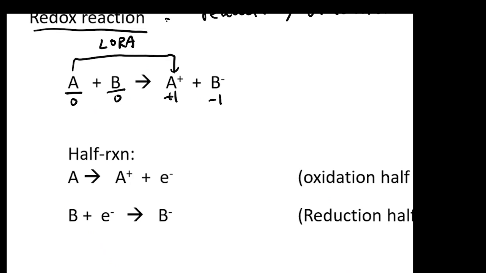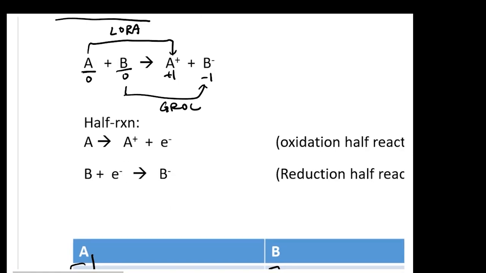So let's see, A undergoes LORA, right? That means B is going to be your GROC. You gain electrons, right? That's why you go from 0 to negative 1. You undergo a reduction reaction. Once you can see these things, you can start to break down your chemical equation into the so-called half reactions.